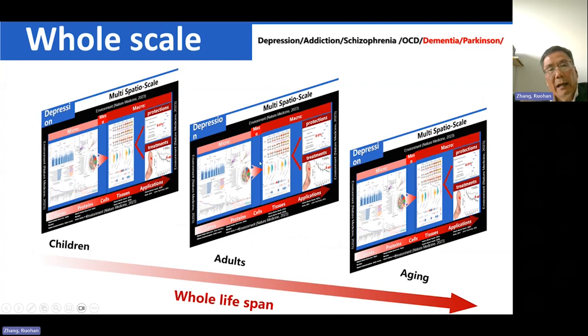At the end of my talk, hopefully I have time to go back and tell you about this whole spatial and temporal scale, looking at depression, addiction, schizophrenia, OCD, dementia, Parkinson's, etc. Today I might concentrate on a few of them, maybe schizophrenia and dementia in particular.